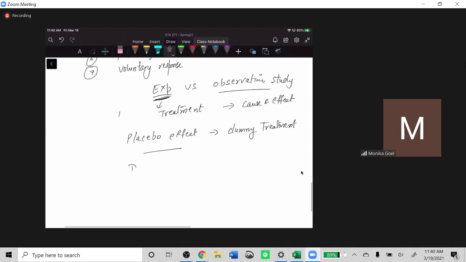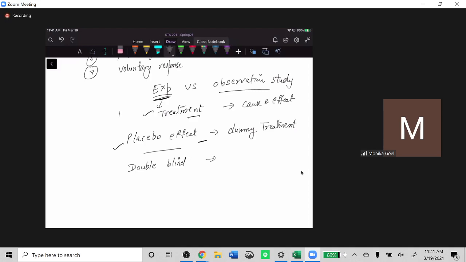We also use another term called double blind. In a double blind experiment, we are giving a treatment and we are giving a placebo to the subjects, but neither the subject nor the people who interact with them know who got the treatment and who got the placebo.